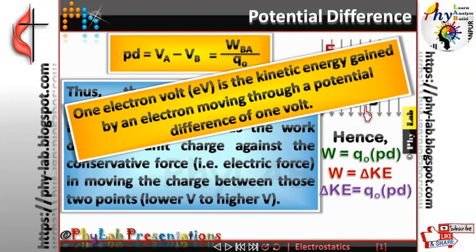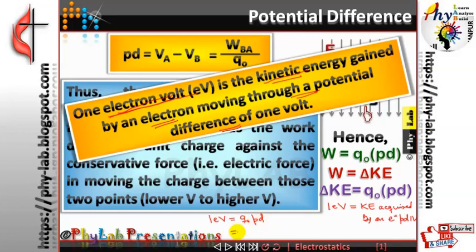So friends, how do we define 1 electron volt? 1 electron volt is defined as the kinetic energy acquired by an electron when it is moved through a potential difference of 1 volt, isn't it? So 1 electron volt is equal to kinetic energy, and what is the formula of kinetic energy? That is Q naught into PD.